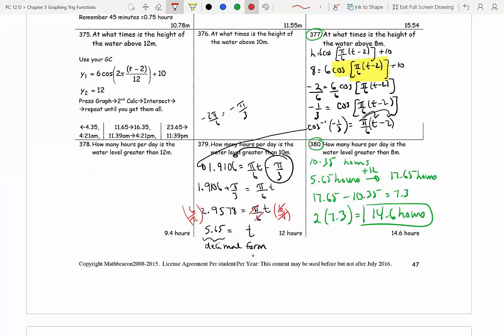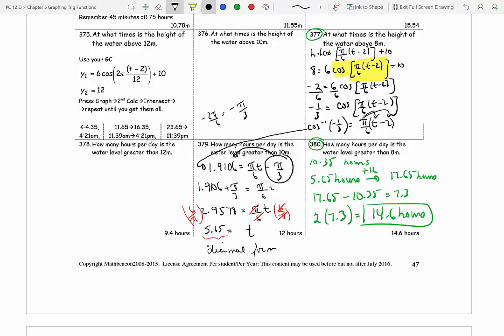Okay, so this 5.65 is in decimal form, and later we're going to convert that into hours and minutes.